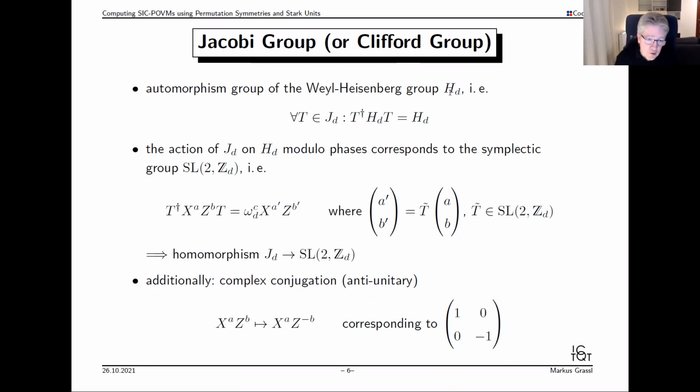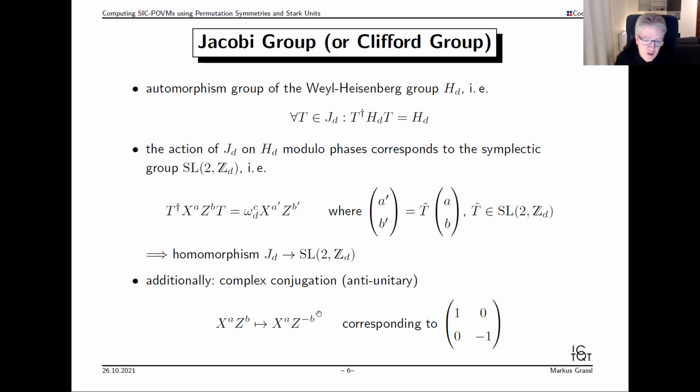It turns out that those matrices can be represented just by 2x2 matrices with determinant 1. There's another automorphism which cannot be realized by a linear operation, and that is the operation corresponding to complex conjugation in the defining basis of our Weyl-Heisenberg group's representation.